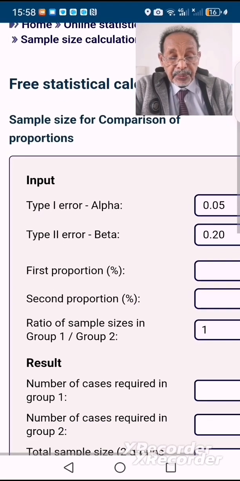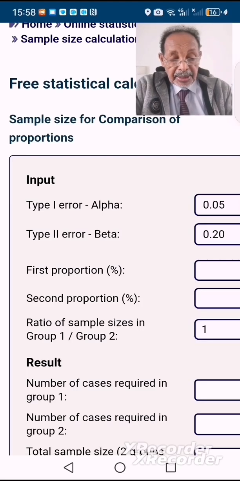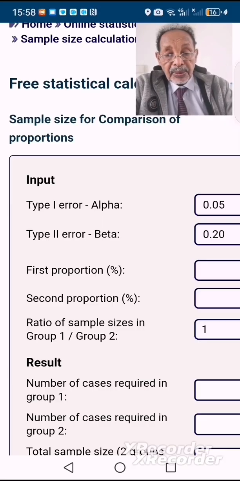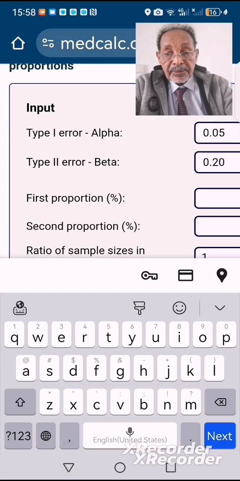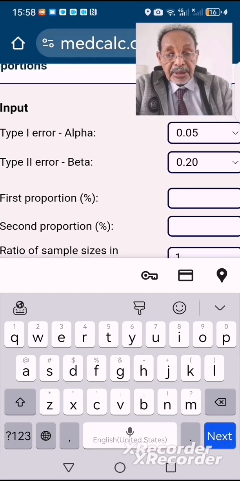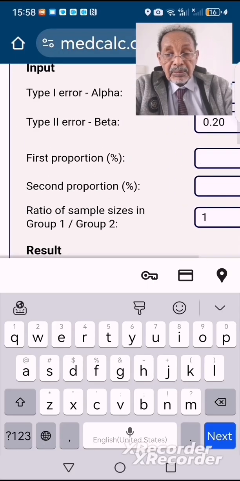And then the first proportion for our CRP cases, we put in, let us suggest the first proportion, the difference between proportions. The first proportion is 10.